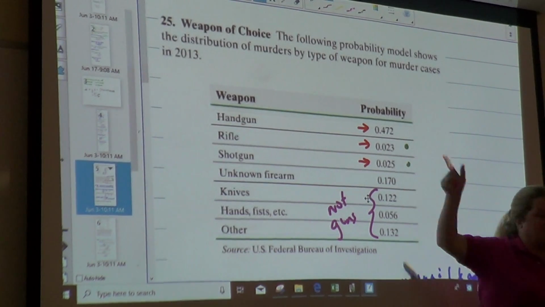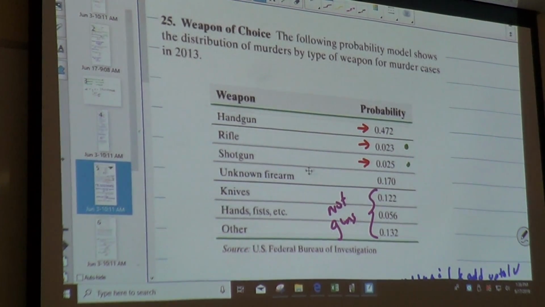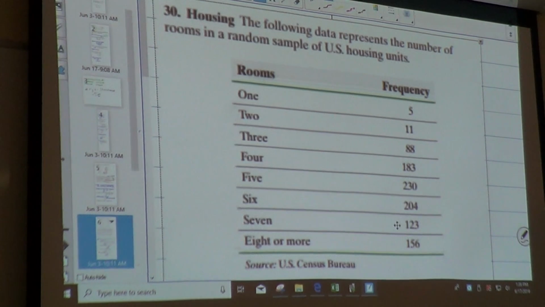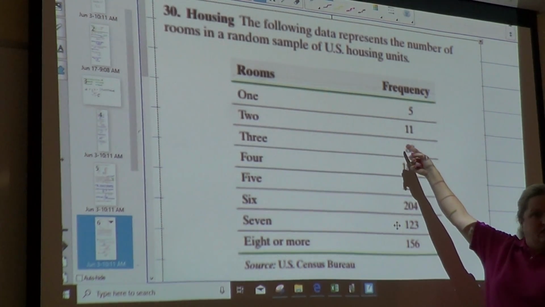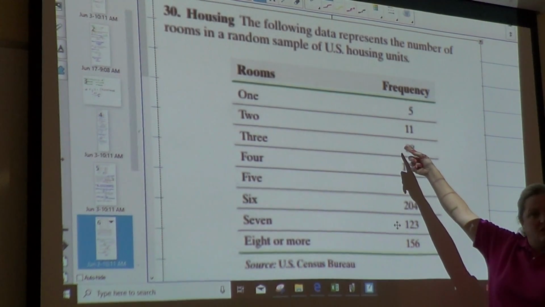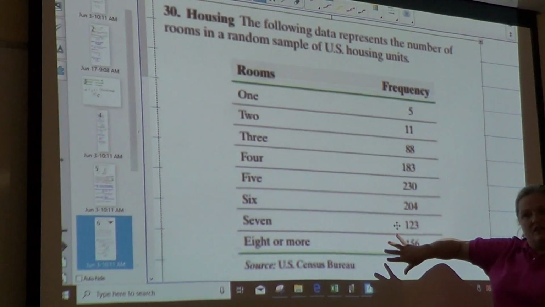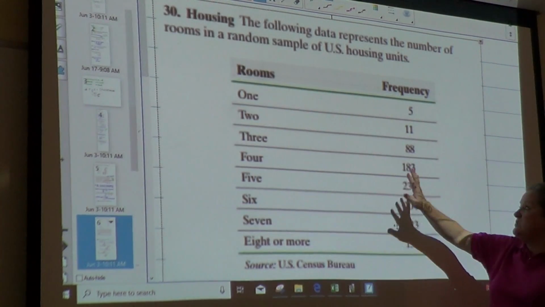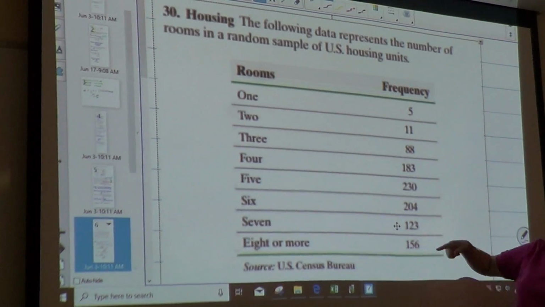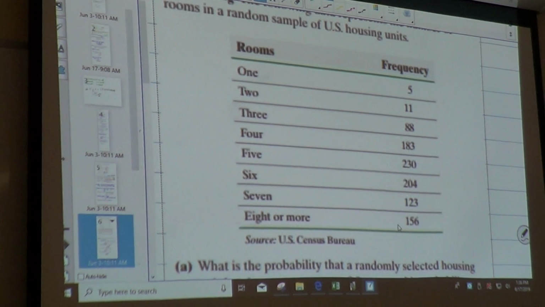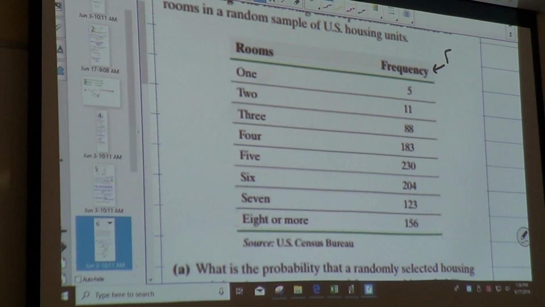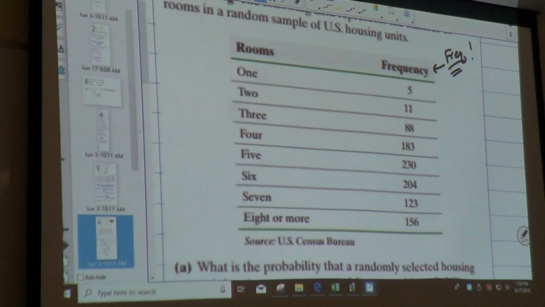That was our probability. What are we doing here? Is that the probability? No, that is the frequency. So what do we need to do to this number? Divide it by the total. So this is not the probability. You need to find the total, add them up to find the total, and then divide. This is frequency, not probability.